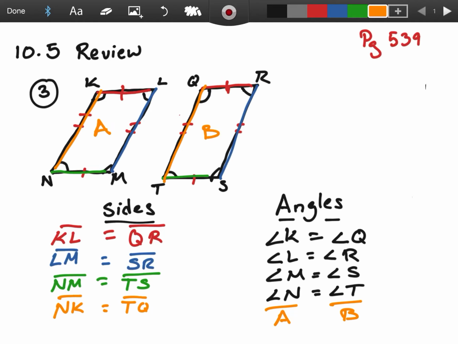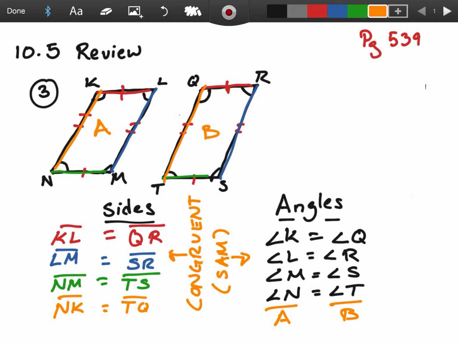So there you go. These are all the congruent sides and congruent angles. Remember, congruent means the same when we're talking in geometry. Okay, so that's the first problem.